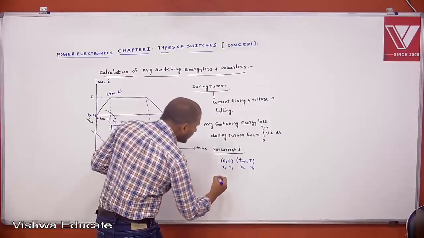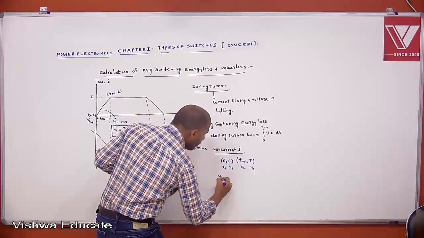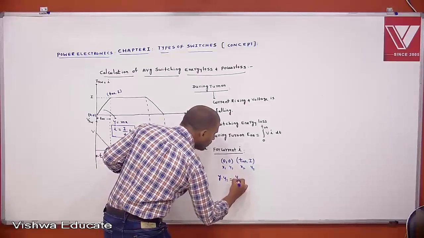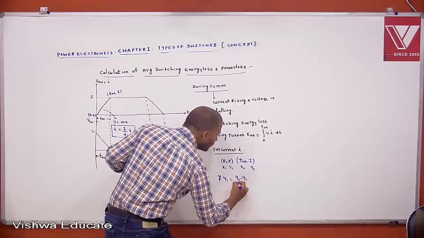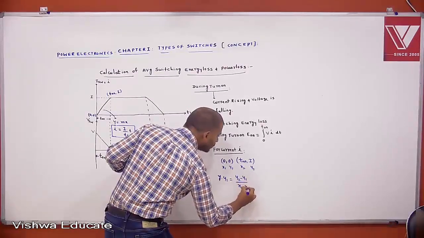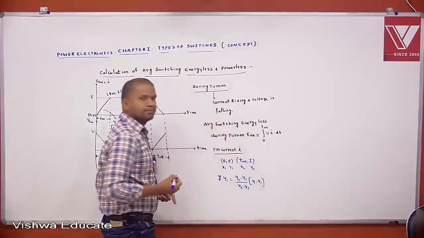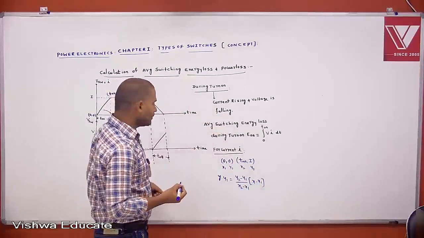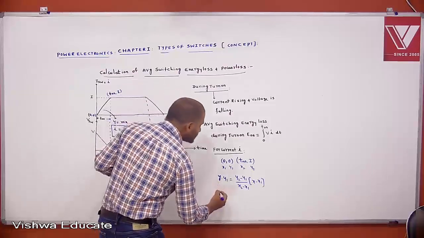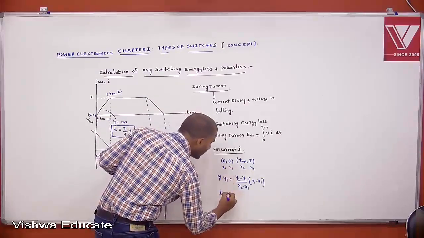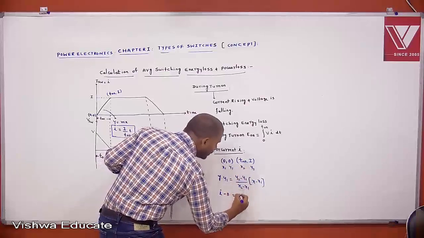Then what is the line equation? Y minus Y1 equals Y2 minus Y1 by X2 minus X1, into X minus X1. Understood? Then on the Y axis, what have you taken? Current, I minus Y1. What is Y1? 0. What is Y2?